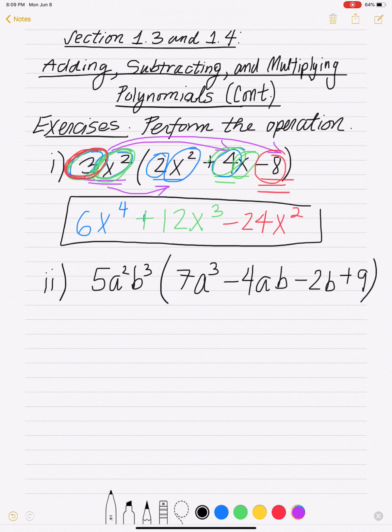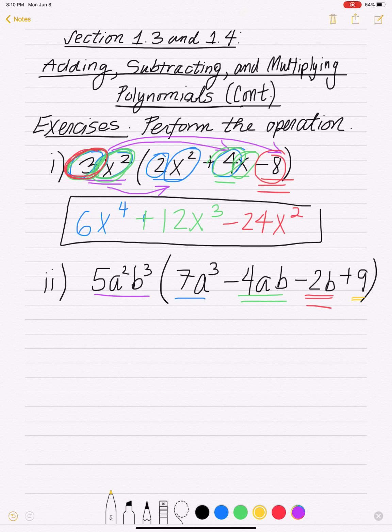So again, we got this purple term, which is a monomial, multiplied through by this 4-term polynomial. So this 4-term polynomial, let's say, has a blue term, a green term, a red term, and a yellow term here. Let's make the 9 the yellow term.